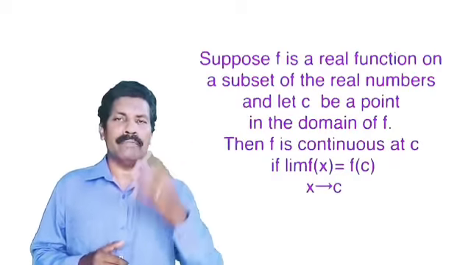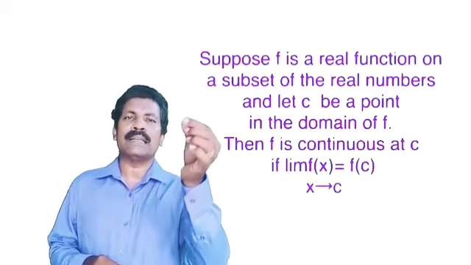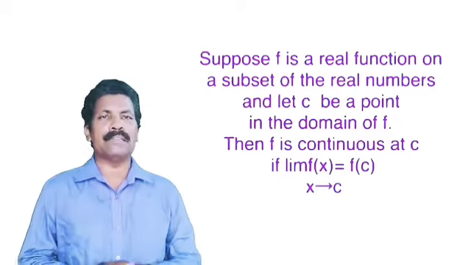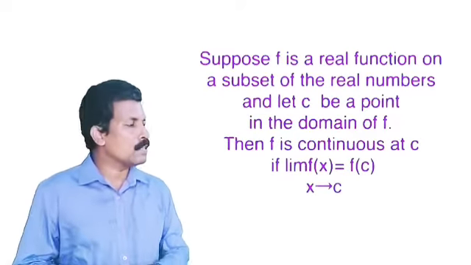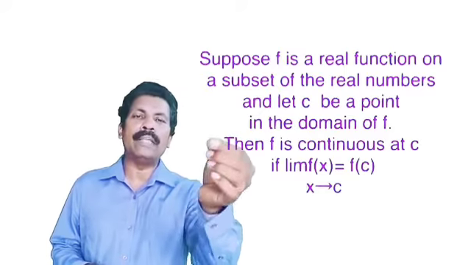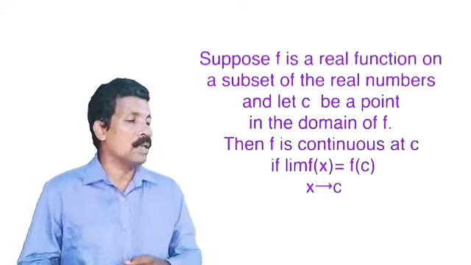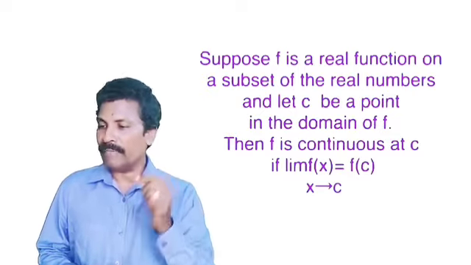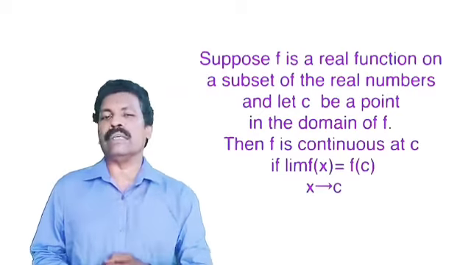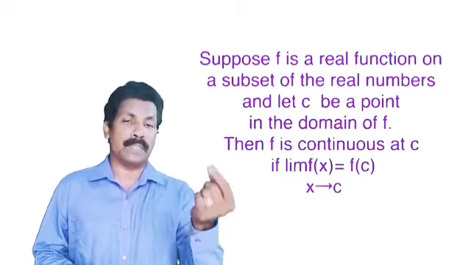So in formal way we can say, suppose f is a real function on a subset of real numbers and let c be a point in the domain of f, then f is continuous at c if limit of f(x) as x tends to c is equal to f(c).